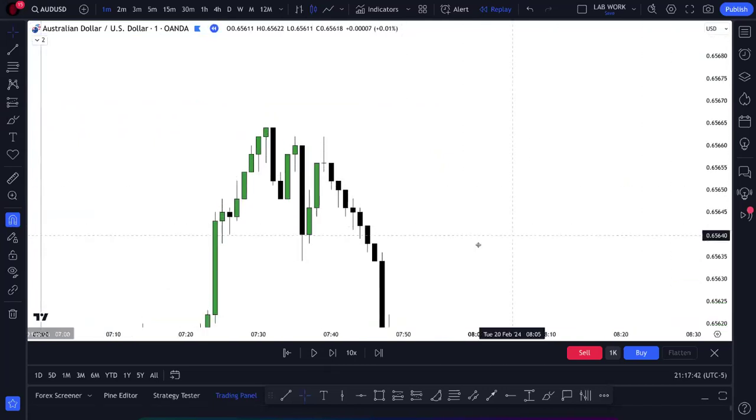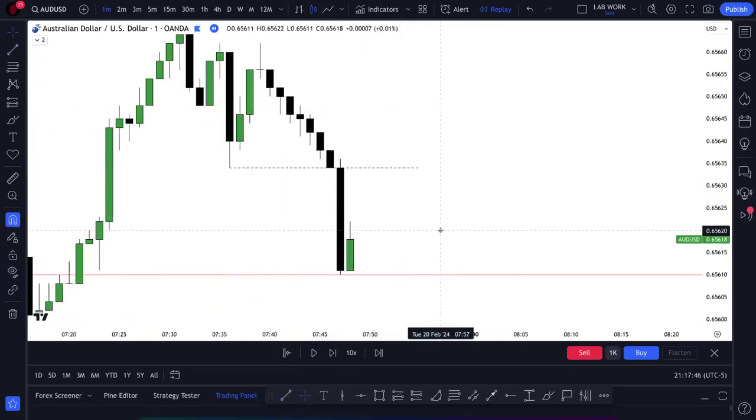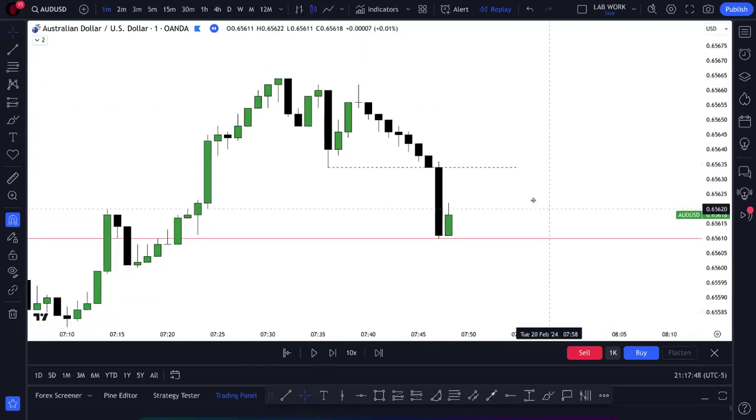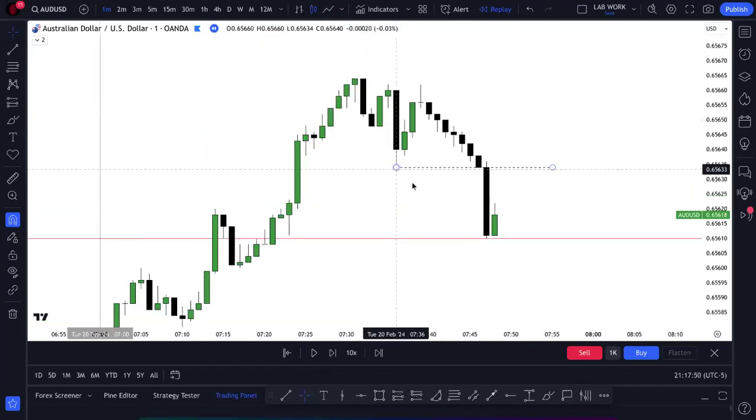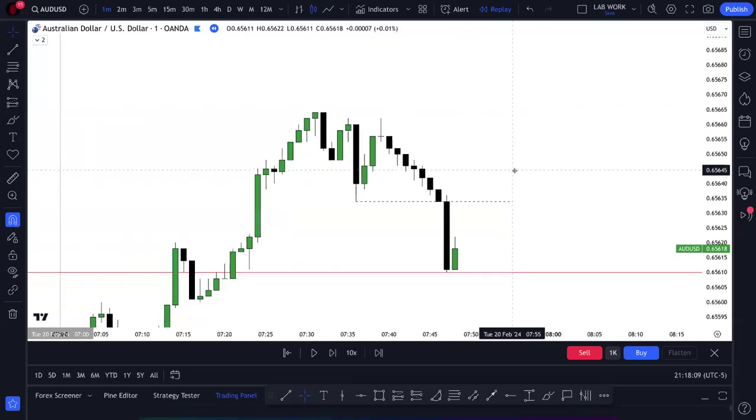Correction. Is this one? Let me just double check. Nope. So you see this one? This is a good example. We wouldn't take this one. Why? Remember what I said before. That swing low cannot be at the beginning of the fair value gap or the end of the fair value gap. I'm just being picky, of course. I don't want to take that one because at times I see that this one fails me and I don't like it.